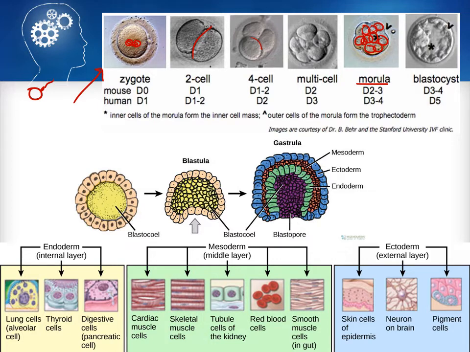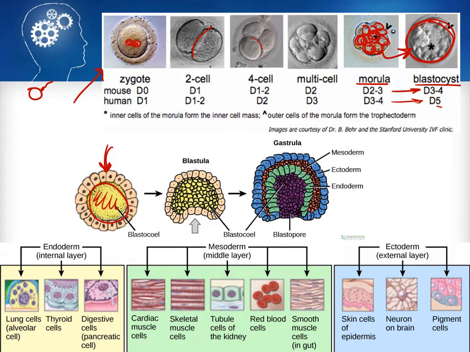After another day or 2, day 3, 4 in mice, day 5 in humans, we're going to have what we call a blastocyst. What has happened is this solid ball of cells turns into a hollow ball of cells, and all the cells that were filling up the ball migrate to the outside of the ball. So going from here to here, the inside of this guy, the blastocyst, looks like this.